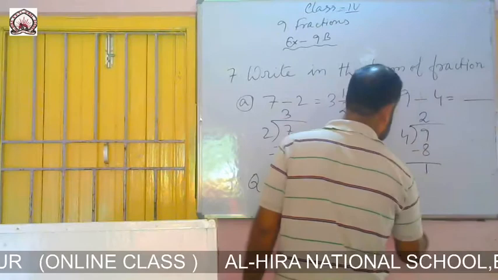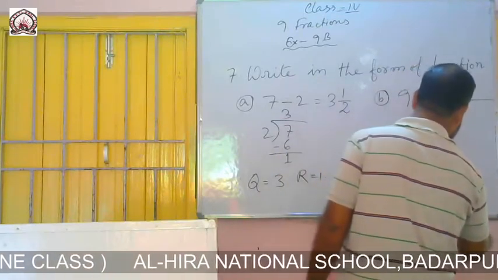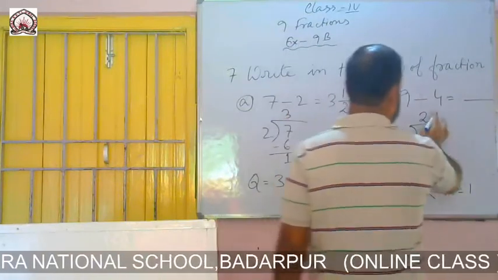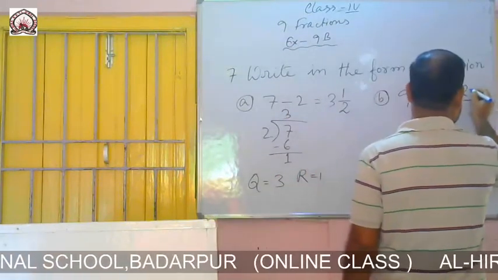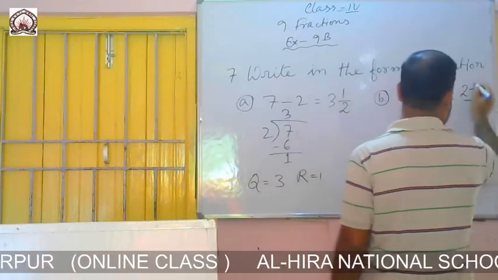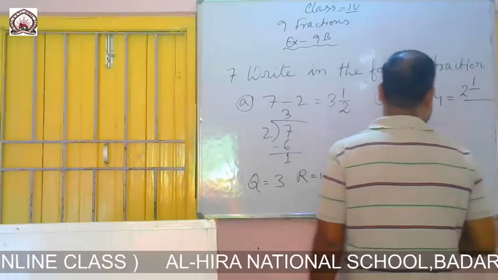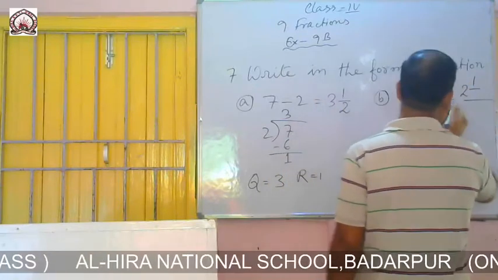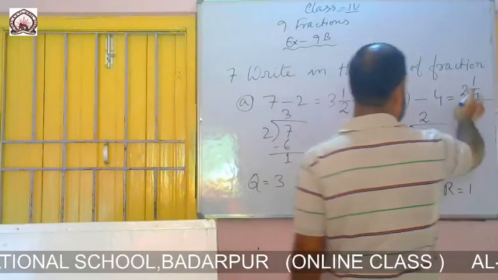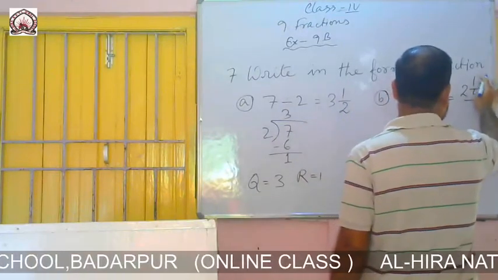So Q is equal to 2 and R equal to 1. So here 2 is whole number and remainder is 1. 1 is numerator and denominator is 4. The mixed fraction is 2 1 by 4.